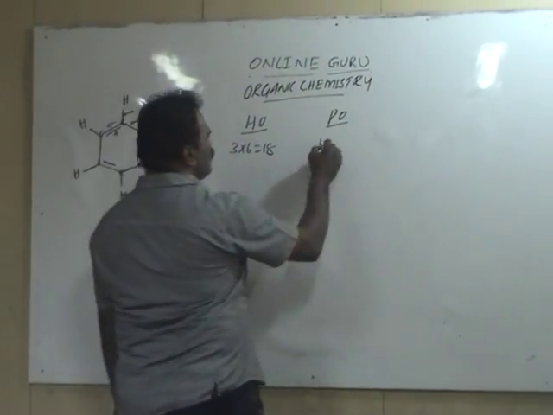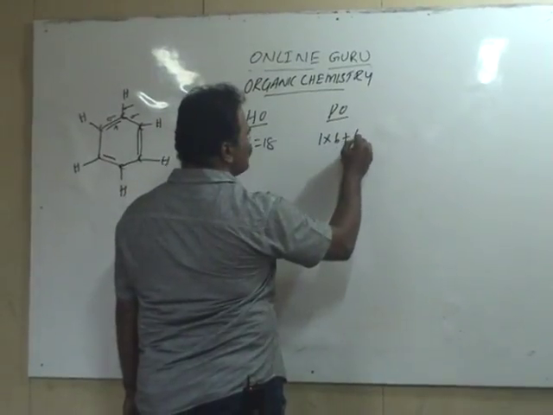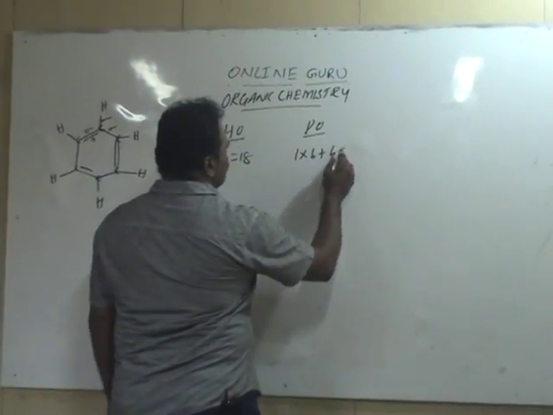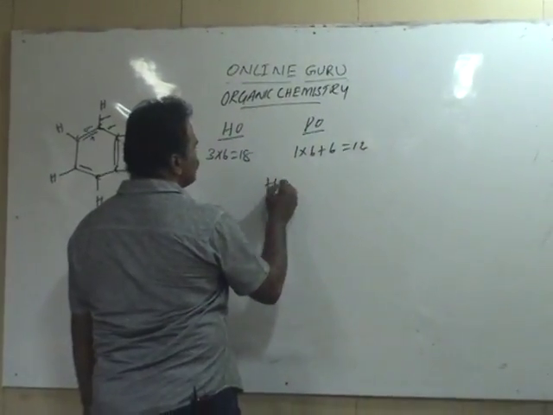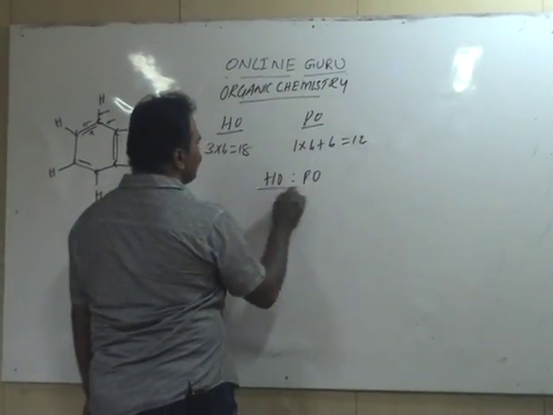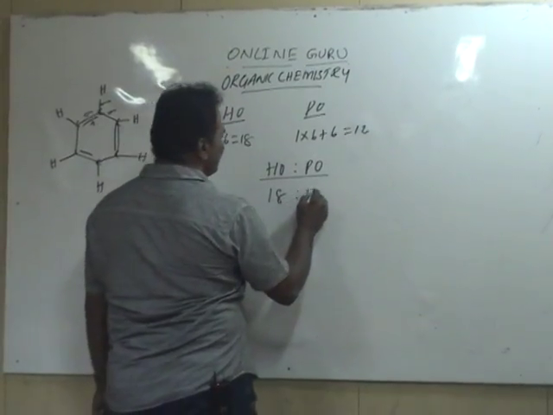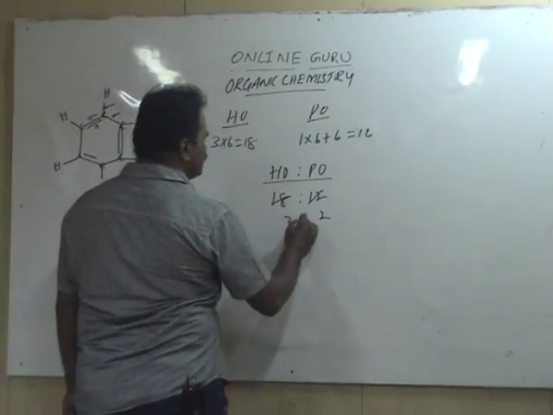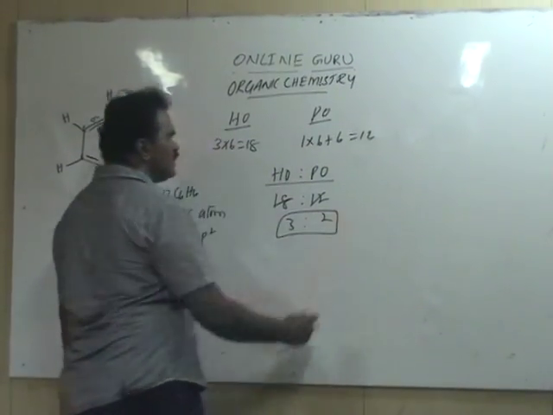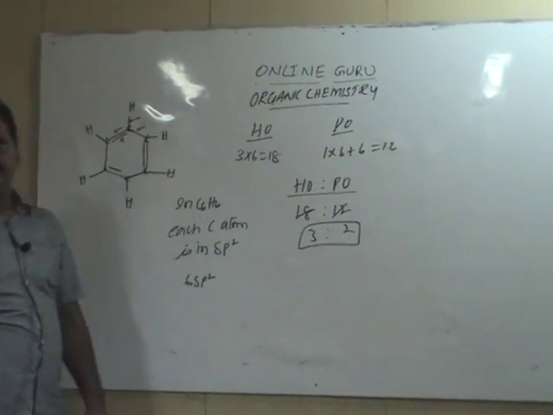Pure orbitals: 1 into 6 plus the number of hydrogen atoms, 6. It is 12. So the ratio of hybrid orbitals to pure orbitals is 18:12, that is 3:2. The ratio of hybrid orbitals and pure orbitals is 3:2 in benzene.